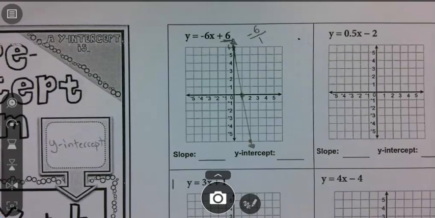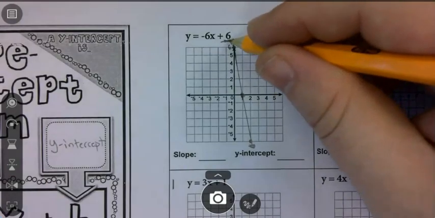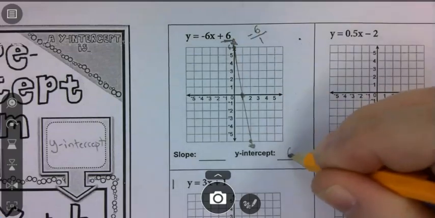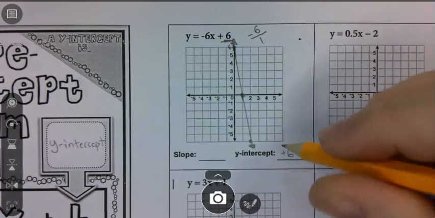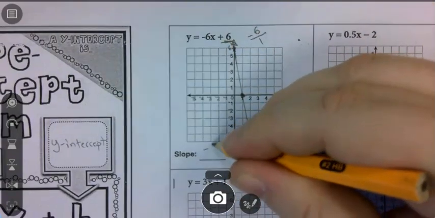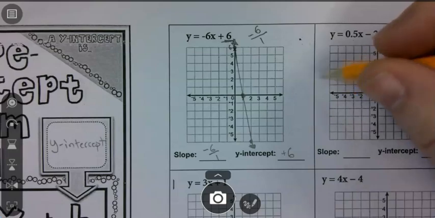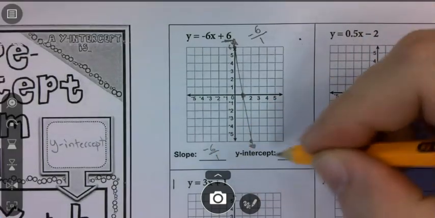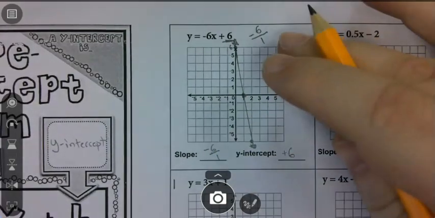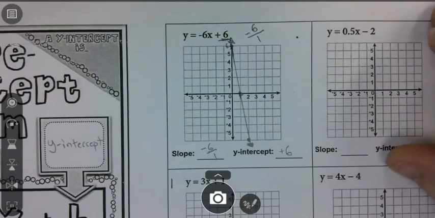So this tells us that our y-intercept is a positive 6, and our slope is negative 6 over 1. And that right there is our graph, and those are our answers that this is looking for.